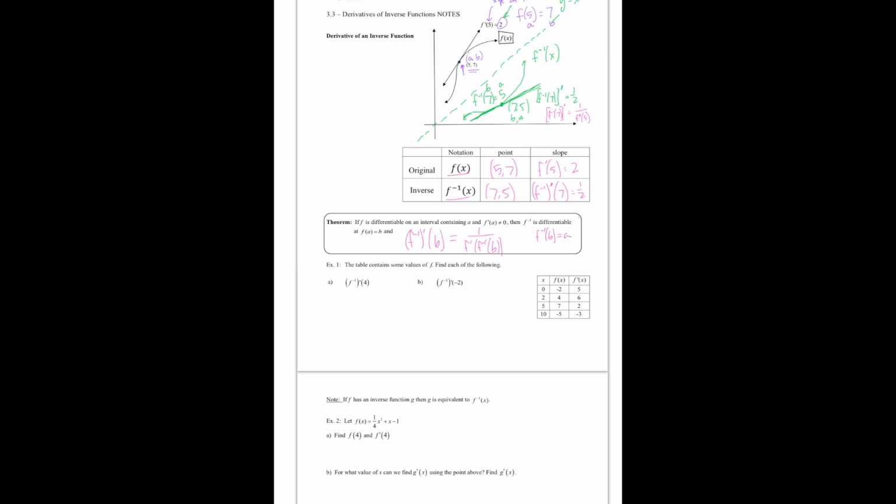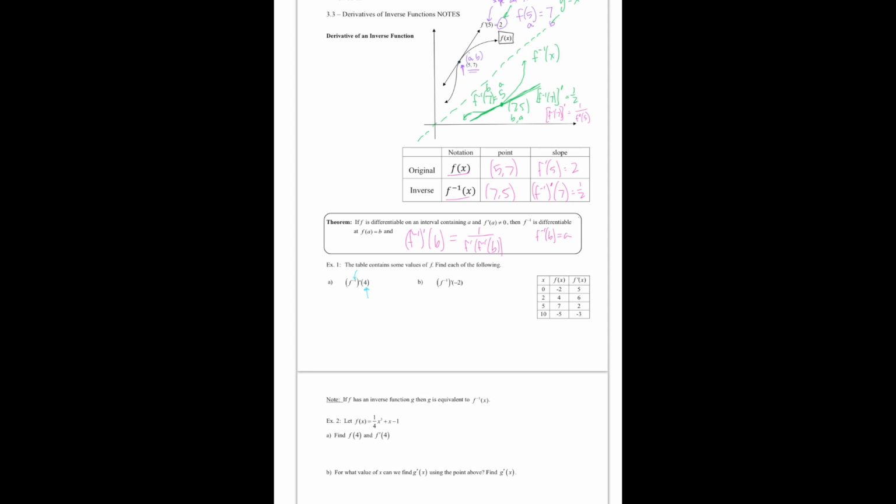Okay, so this can be a little confusing, so I want to see if I can help you out here. The first thing I'm noticing is that we are not talking about regular inputs and outputs because of that notation. So this 4 is not an input.